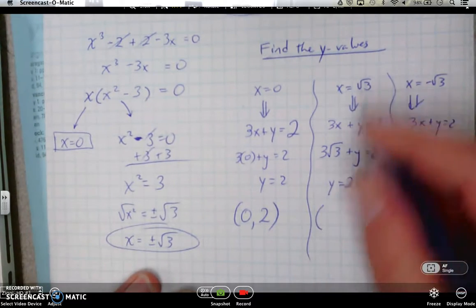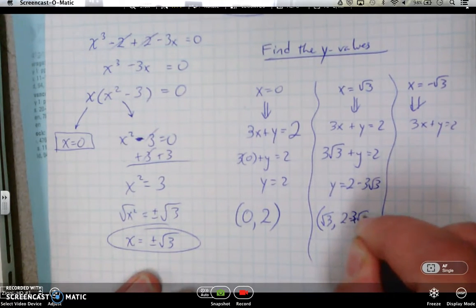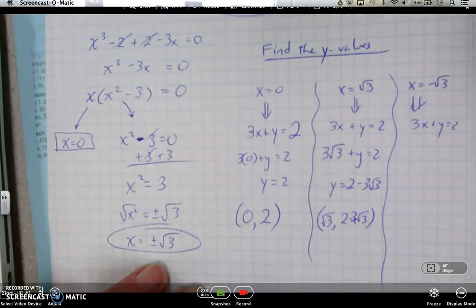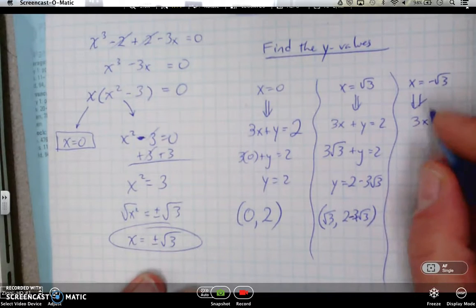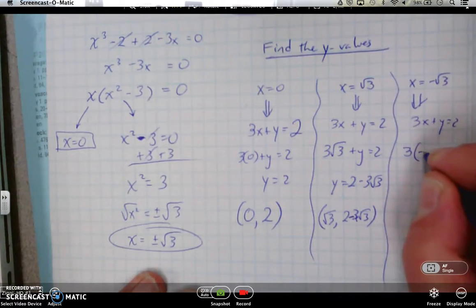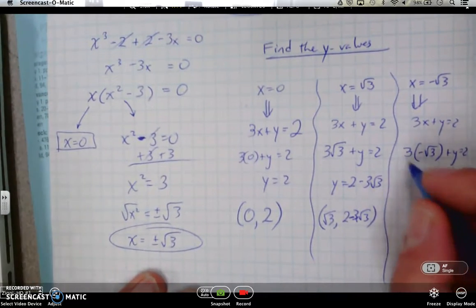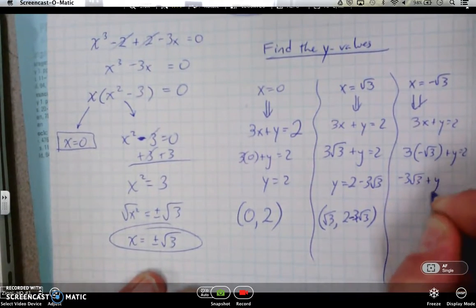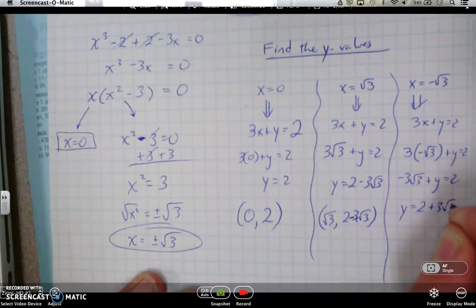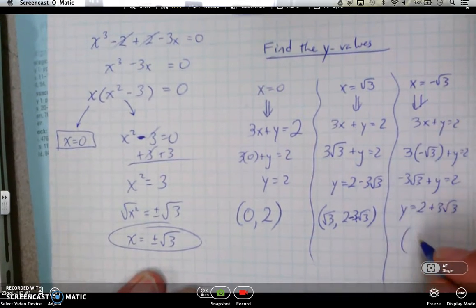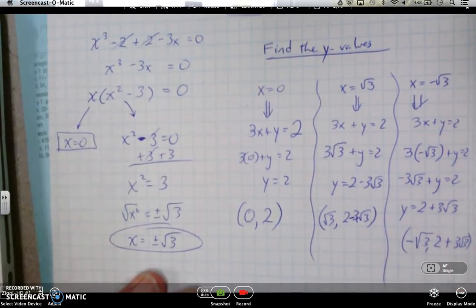So our point there was rad 3 and 2 minus 3 rad 3. That looks kind of messy, but that's 2 minus, and I should have written better, my apologies. So 3 times negative rad 3 plus y equals 2. For this one, you get negative 3 rad 3 plus y equals 2. Add this to both sides, you get y equals 2 plus 3 rad 3. So our values there are negative rad 3 and 2 plus 3 rad 3.